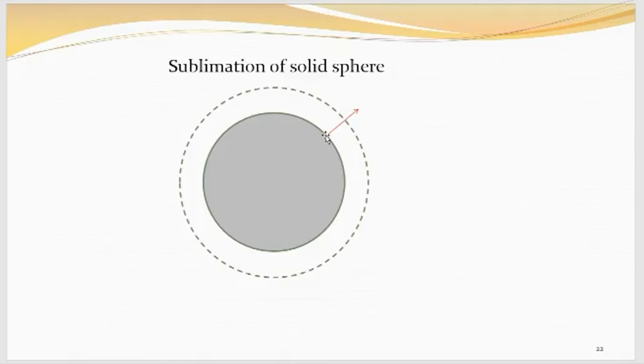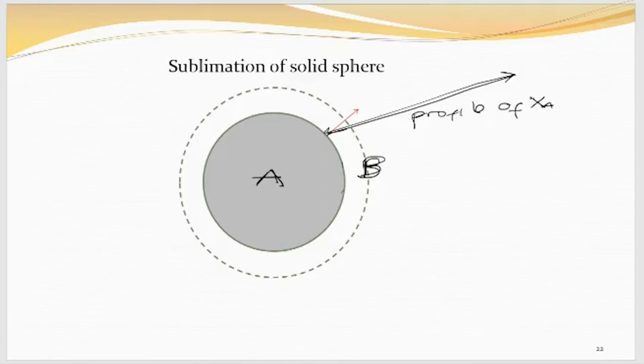So now, can you please determine what is the profile of the, let's say that this camphor consists of compound A, so this camphor is compound A, and the air is compound B. Now please determine what is the profile of xA in the air, to make it consistent.